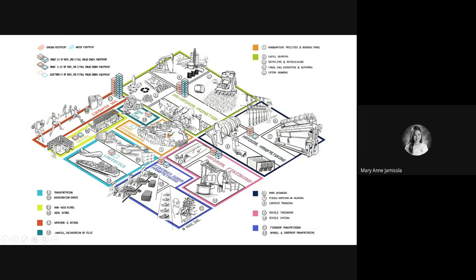The second activity is cattle rearing. Then we proceed to the third activity, which is recycling and processing. The fourth activity is fossil fuel extraction and refining. The fifth activity is cotton growing. Then the sixth activity is yarn spinning, followed by number seven, which is textile knitting and weaving.